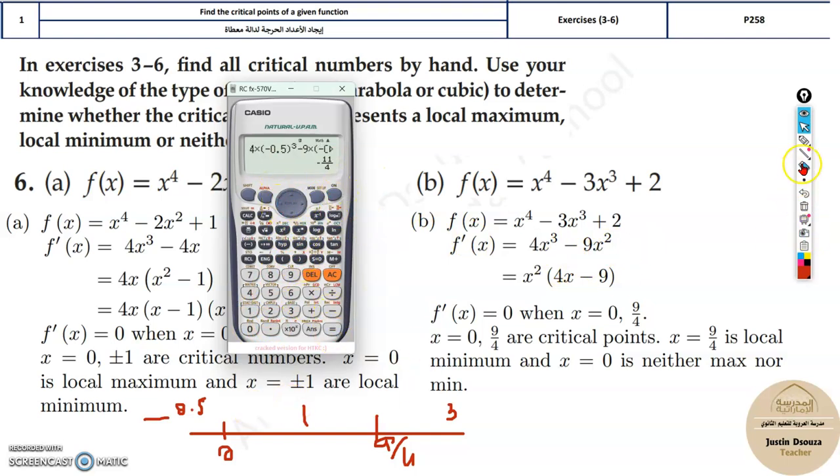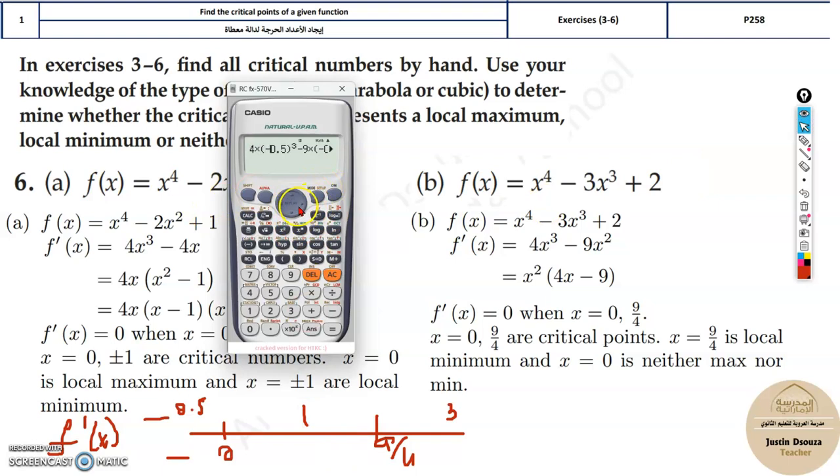Press equal to, over here it's minus, so now it's fine. Now the important thing is doing the same thing in the derived equation, because I still remember some of my students try to put it in f of x and they got the wrong answer. Don't put it over here, do it in the derived equation, because the critical numbers are from the derived f dash equation. Okay, now try the next one.